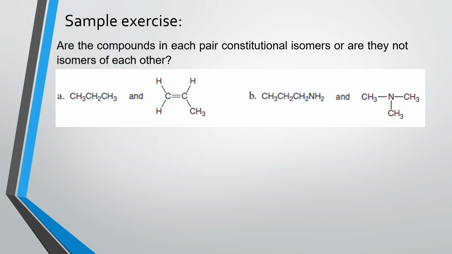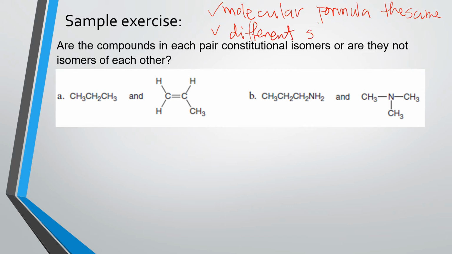Okay, so here's an example exercise. Tell me whether the following are constitutional isomers or not. So, criteria natin is they have the same molecular formula, and then different structure.